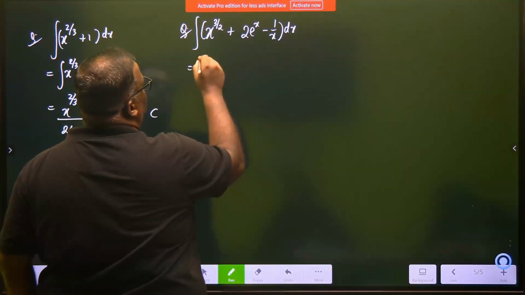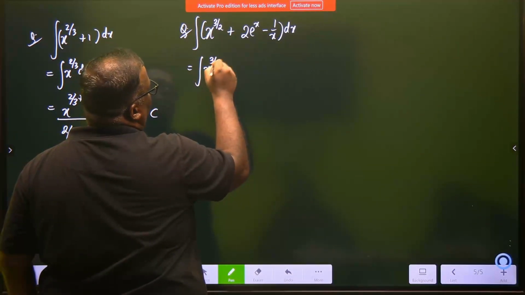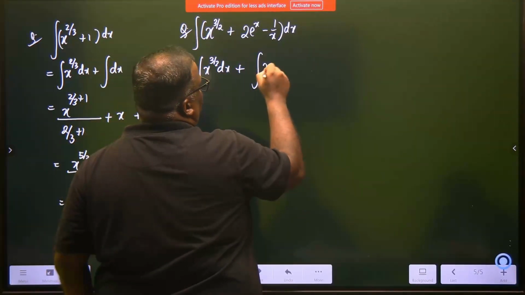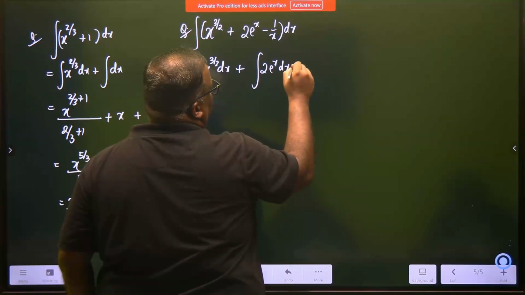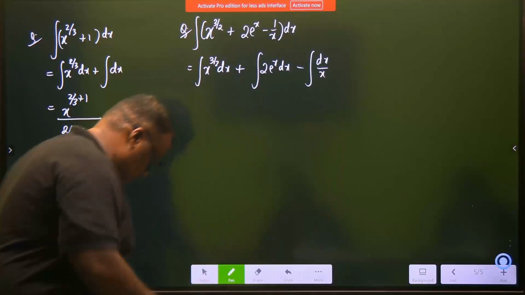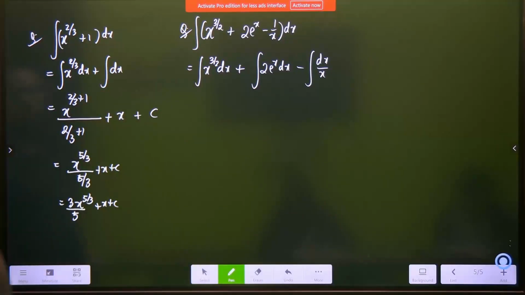So this can be written as integral x to the power 3 by 2 dx plus integral 2e to the power x dx minus integral dx by x. ठीक है?